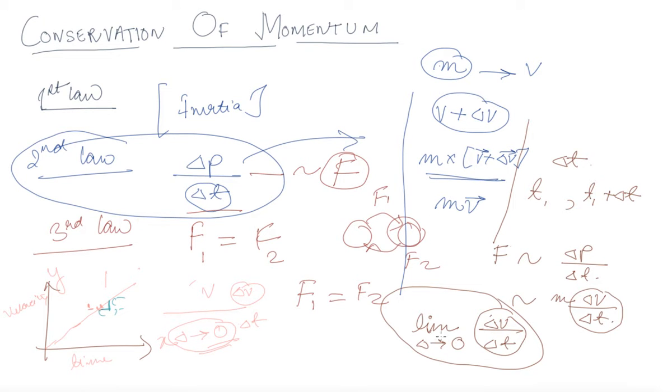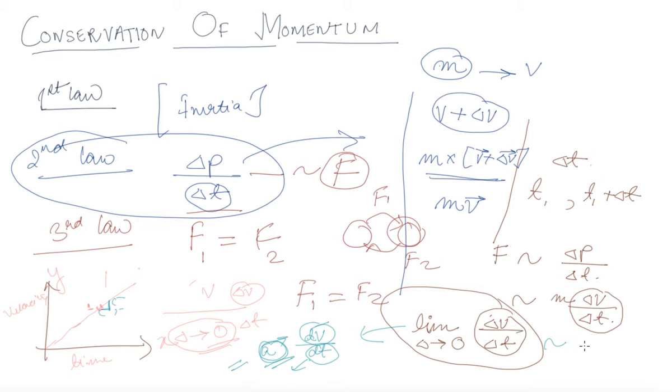Now if limit del t tends to 0, this particular expression becomes dv upon dt, where this is a minute change and this is also a minute change. Now, as we have discussed in our previous chapters, dv upon dt is nothing but your acceleration.